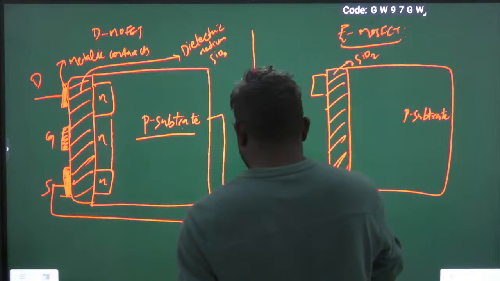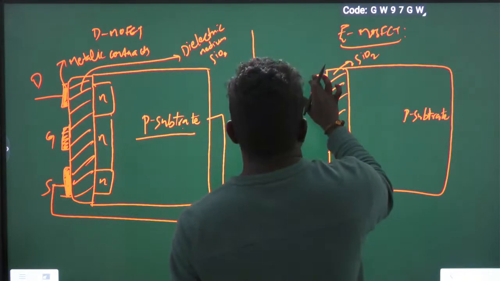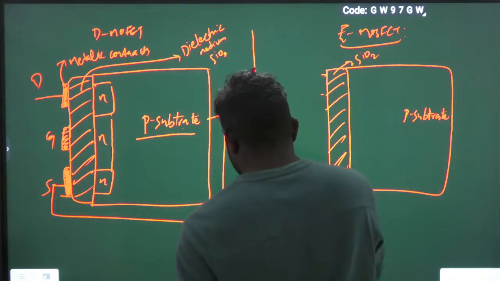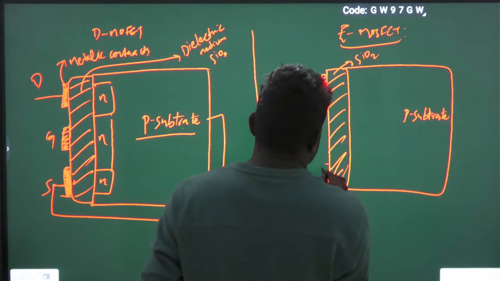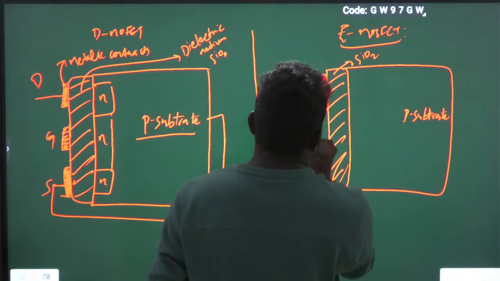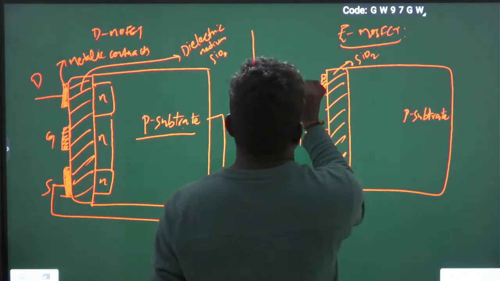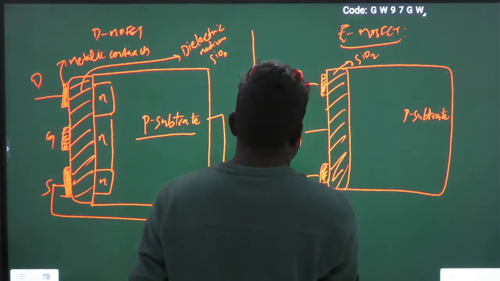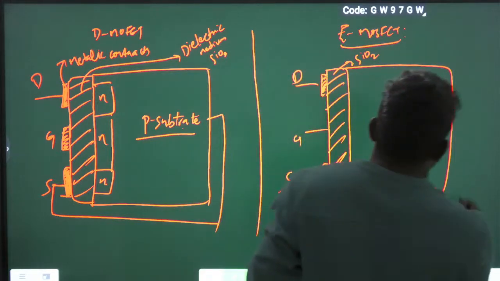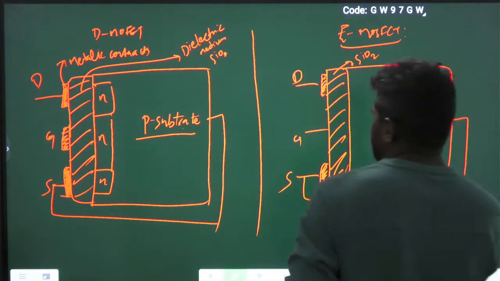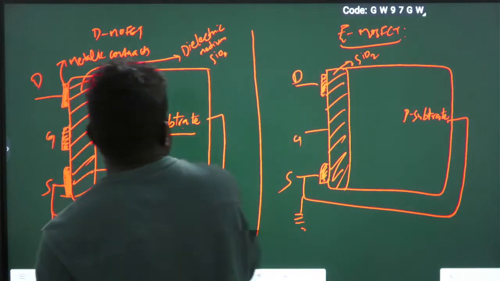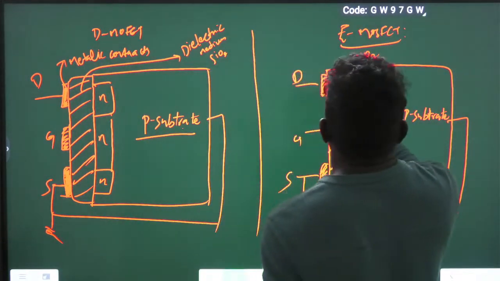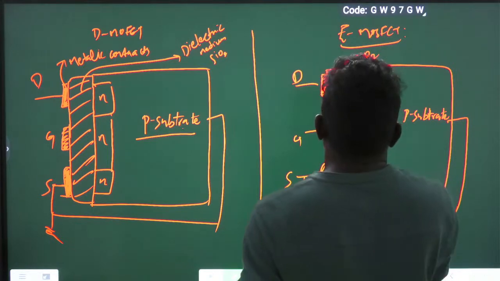The P substrate is internally connected to the source, and this is ground, and this is ground. Now see the major difference.